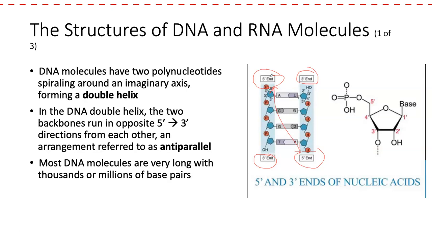So this polynucleotide runs from 5 to 3, and this one runs from 3 to 5 as we go down the page. The word we use for that is anti-parallel. They are parallel to each other, but they run in opposite directions. If you're looking at a DNA molecule, they are very, very long, with thousands or millions of base pairs present.